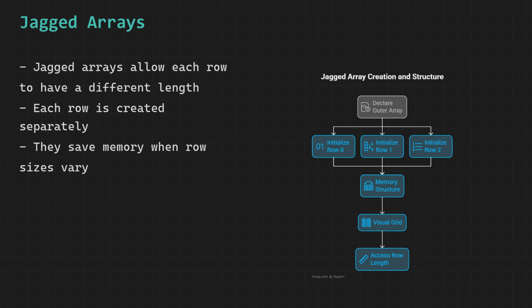Using a regular two-dimensional array would force you to allocate the maximum column count for every row, wasting memory for shorter rows. Real-world use cases include storing a Pascal's triangle where each row has one more element than the previous, storing adjacency lists for graphs where each node has a different number of neighbors, and storing variable length records like each student's list of courses where different students take different numbers of courses.